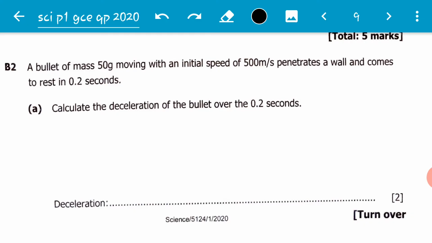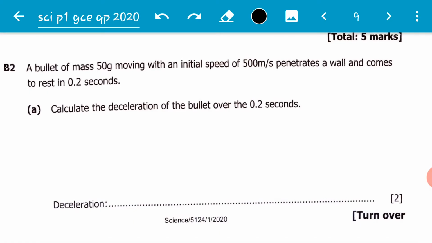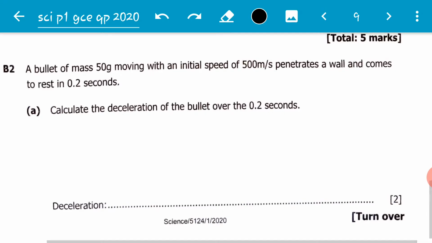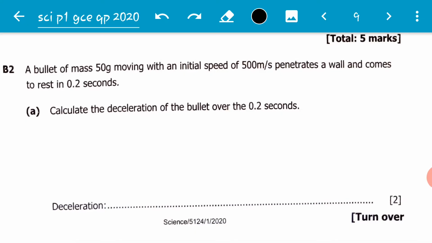Dear viewers, it is a common practice that people know that deceleration is actually acceleration. Yes, we do not dispute that deceleration is acceleration, but deceleration is negative acceleration. When the speed of an object keeps reducing, it means it is decelerating.